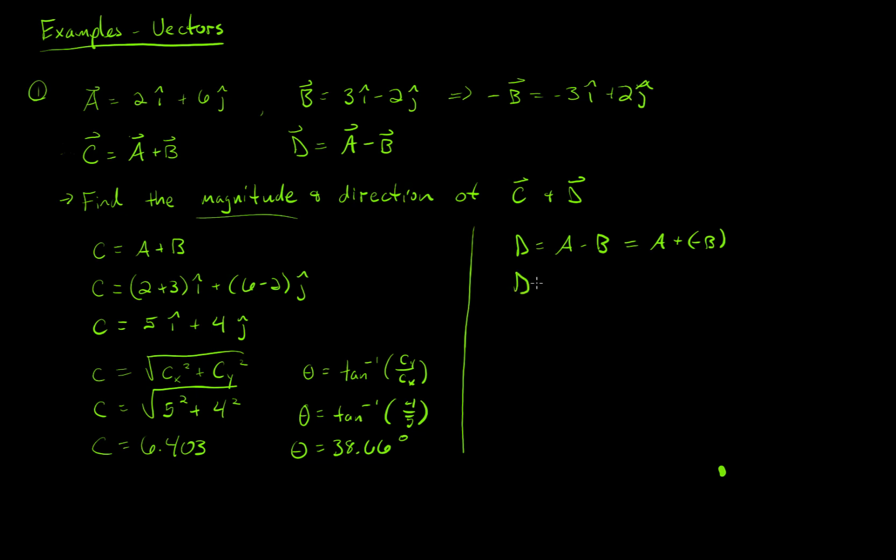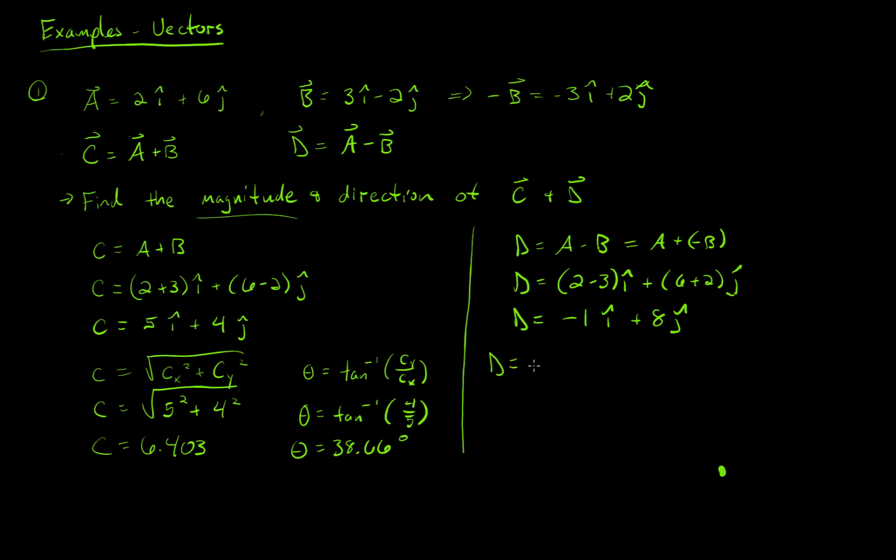So D is going to be 2 minus 3 i hat plus 6 plus 2 j hat. So D is negative 1 i hat plus 8 j hat.